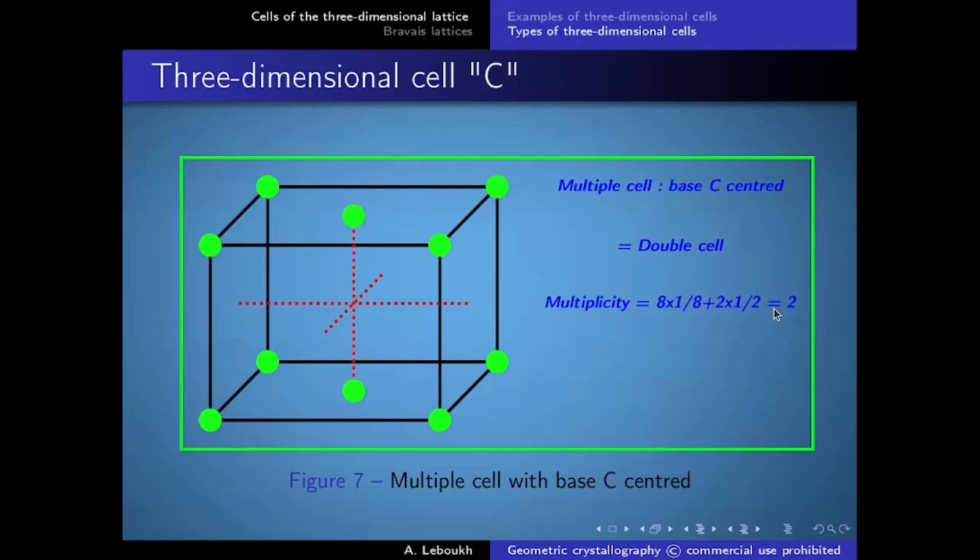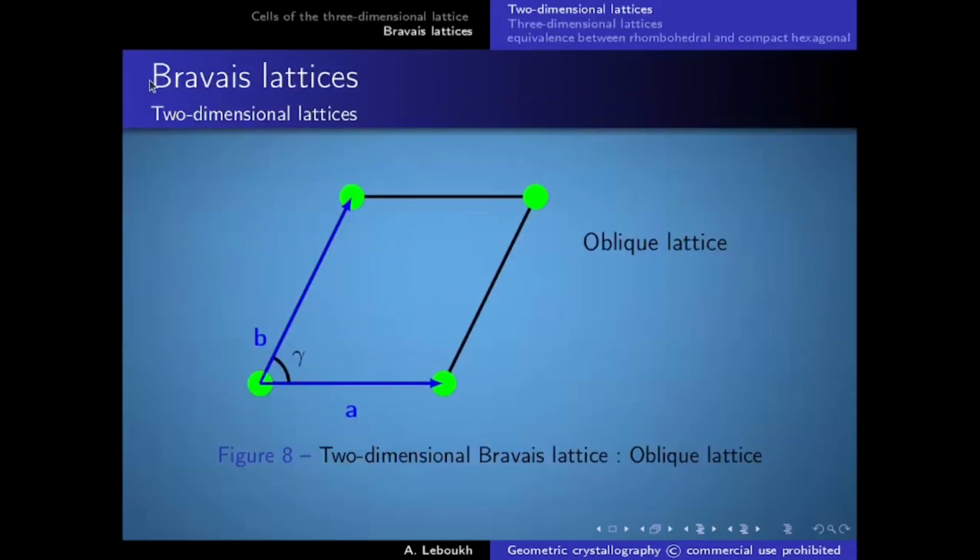And in the same way, base C centered has multiplicity also equal to 2, and we say that we have a double cell. If we go now to the Bravais lattices in a two-dimensional lattice, we have 5 lattices.